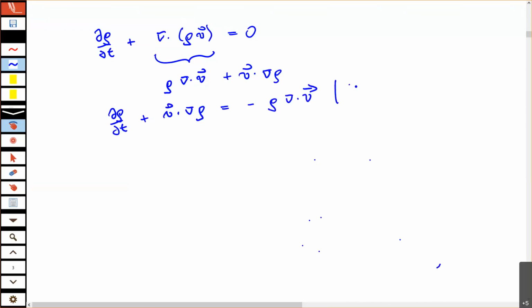Now, if you multiply by 1 over density, this part we can rewrite as the total time derivative, so we get 1 over density times the total derivative of density equals minus divergence of our velocity.